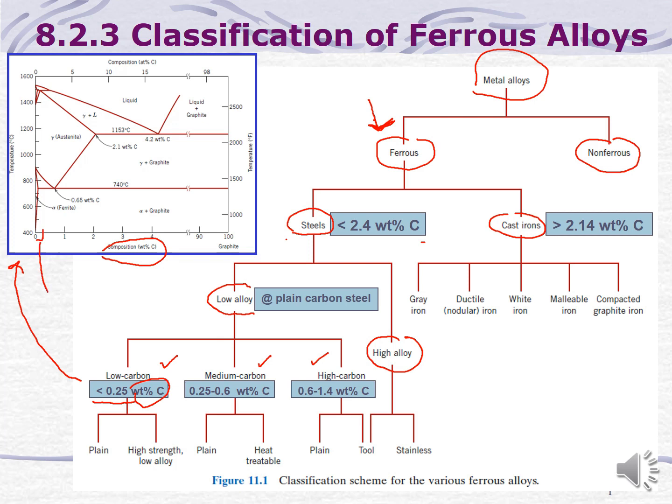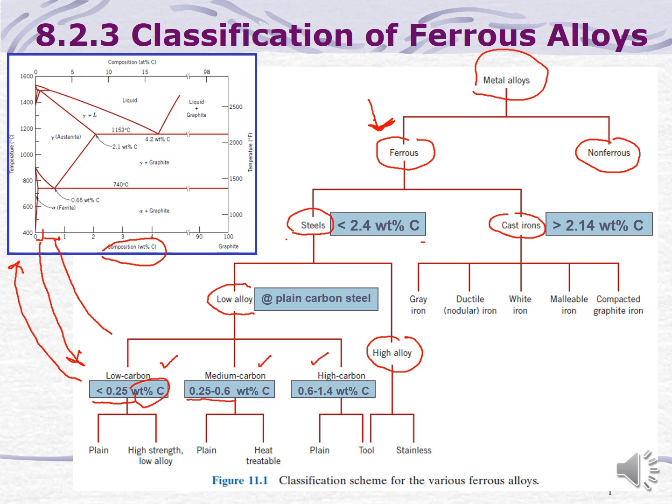This belongs to the low carbon. For the medium carbon steel, the range is between 0.25 and 0.6, somewhere around here.